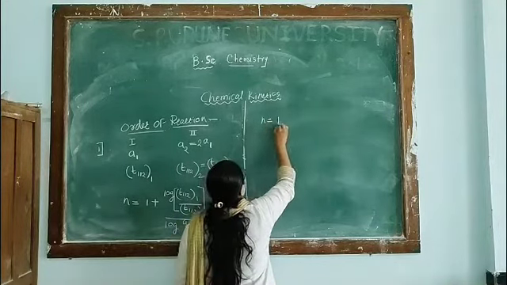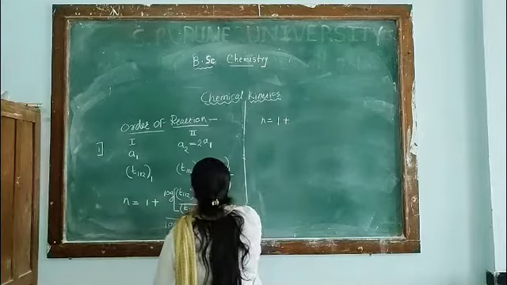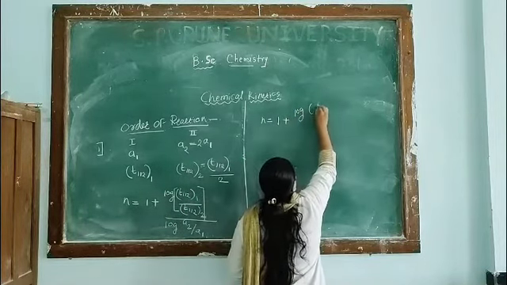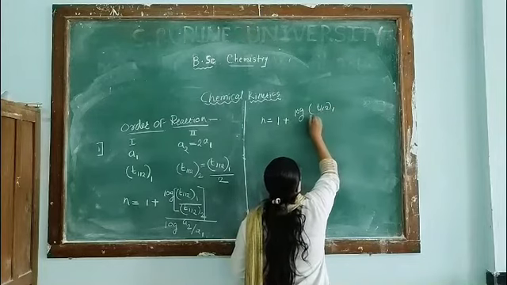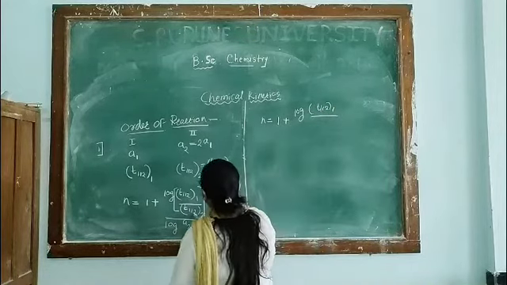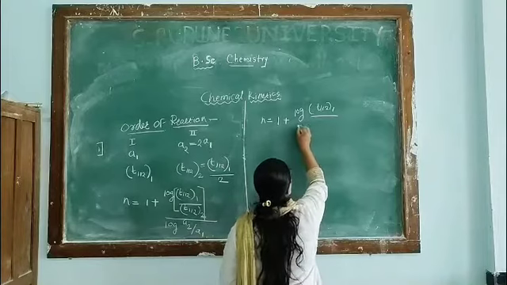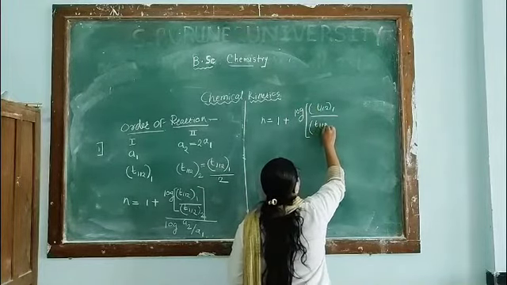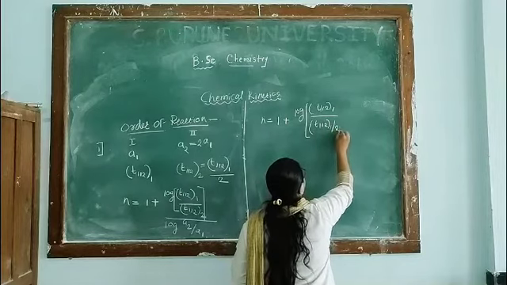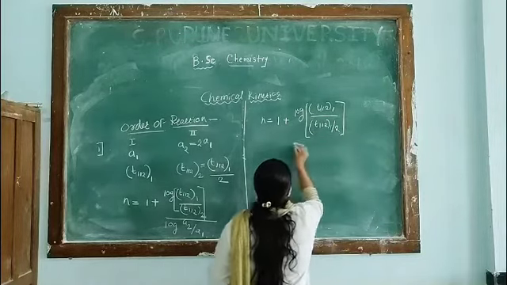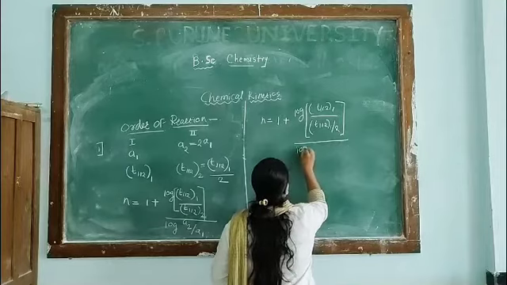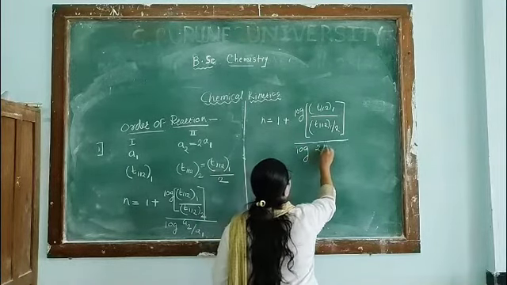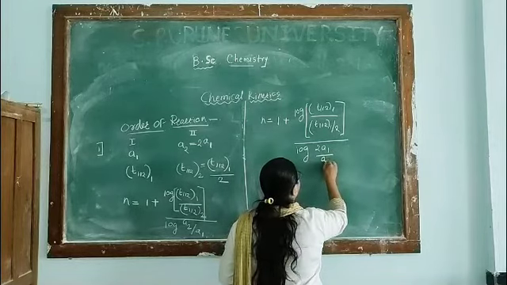N is equal to 1 plus log of T half 1 divided by T half 2, which is T half 1 divided by 2, divided by log of A2 divided by A1, and A2 is nothing but twice of A1.